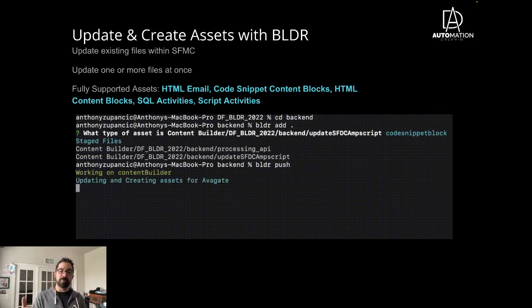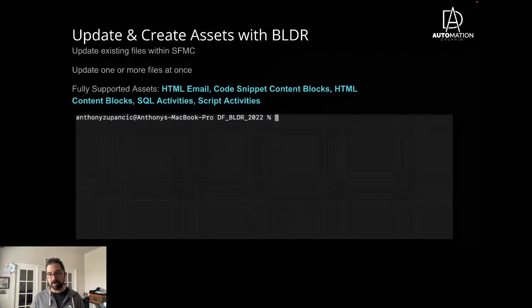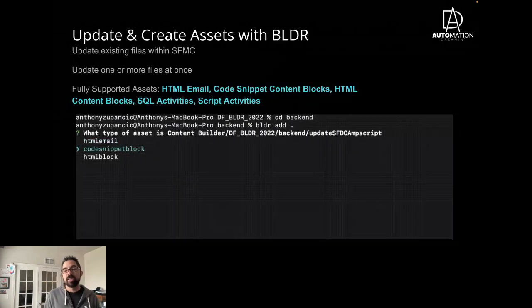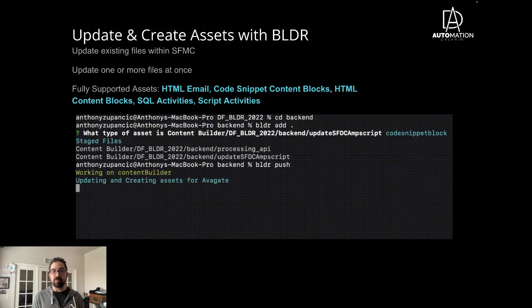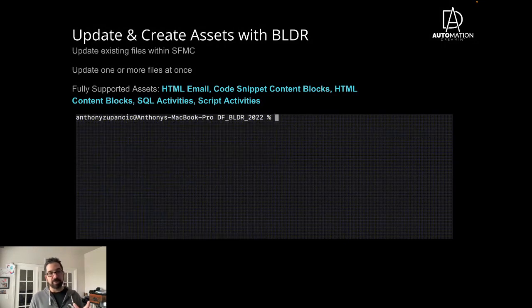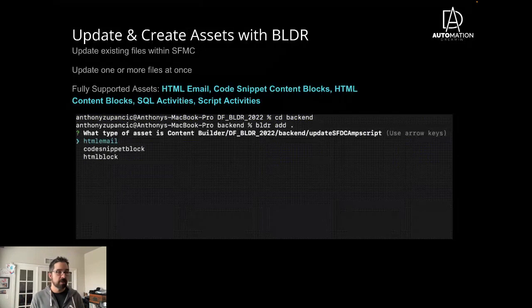Then you can update those files in Salesforce Marketing Cloud with one command. If you're familiar with a Git workflow from the command line, these commands mirror that almost to a T, with a few exceptions. So with this flow, you have the add and the push, which makes it fairly familiar.